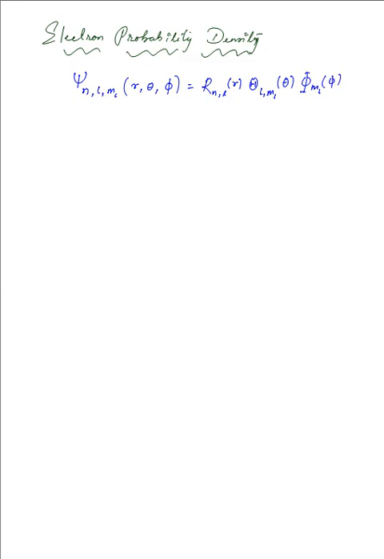These three describe how psi varies with r, theta, and phi respectively. And the three-dimensional electron probability can be given as psi squared, which is equal to R squared, Theta squared, and Phi squared.